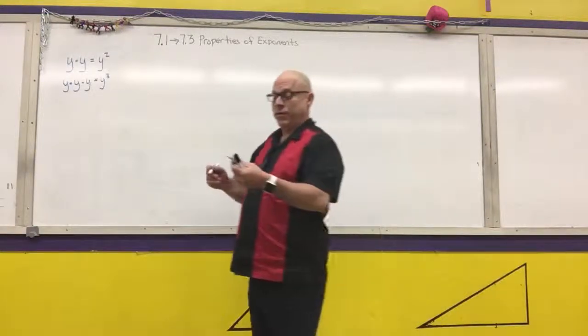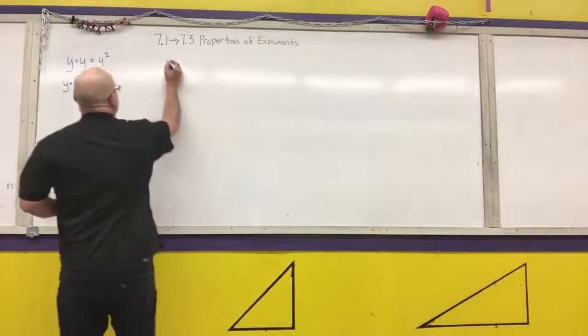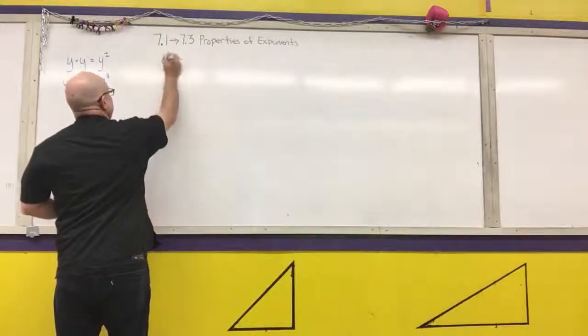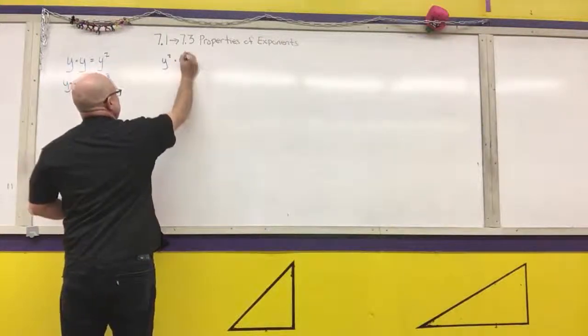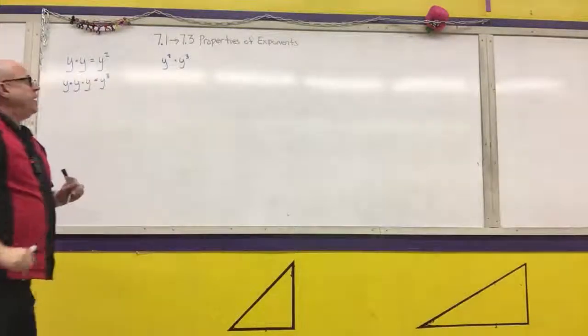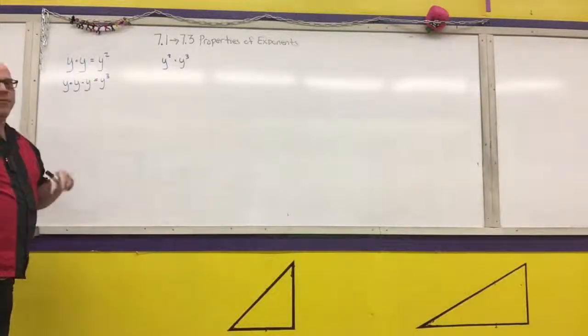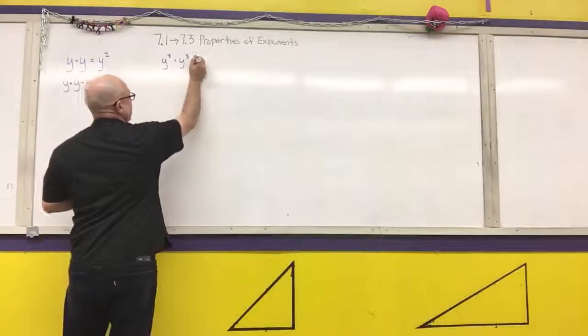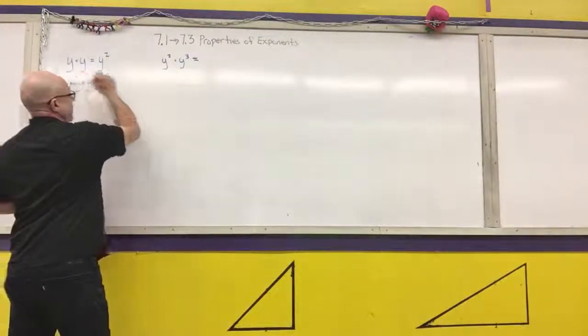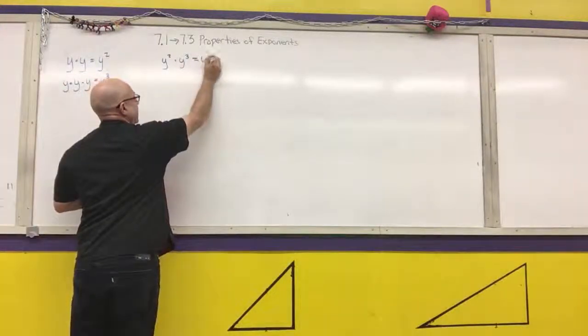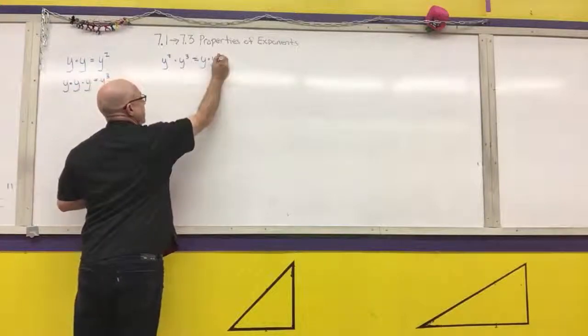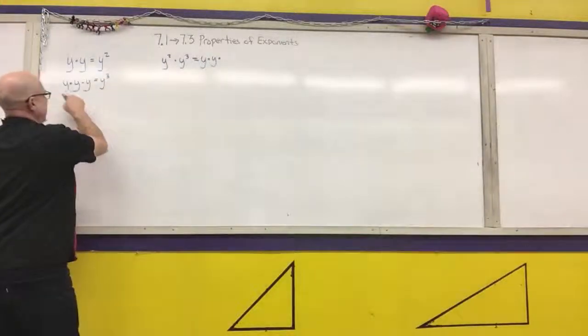The first one is, what if I have y squared times y cubed? To prevent confusion, you can write what y squared is equal to, and that's y times y. Copy that one. And then y cubed is y times y times y.